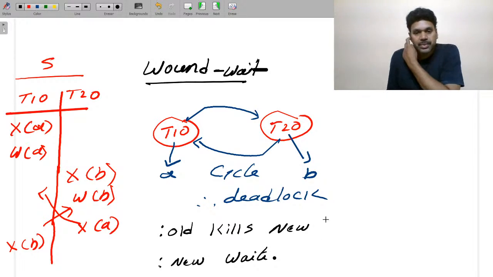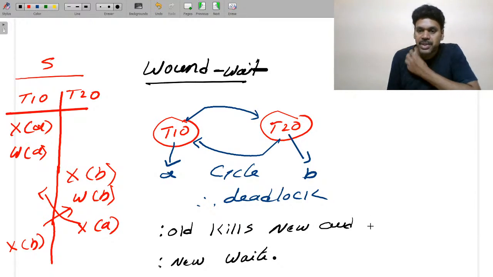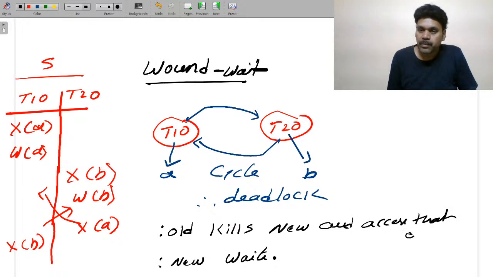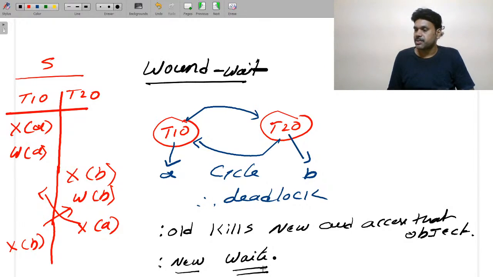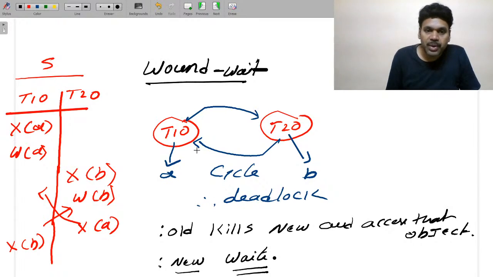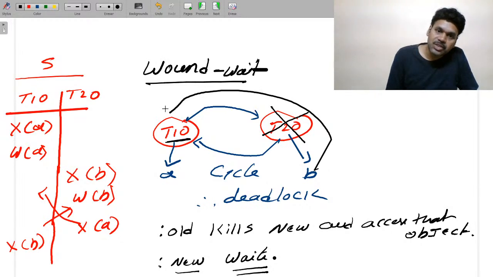Old kills new and accesses that object. And the new transaction is going to wait. Therefore, as T10 is old, it just kills T20 and accesses this object B like this.